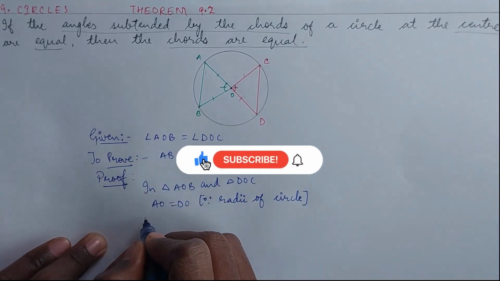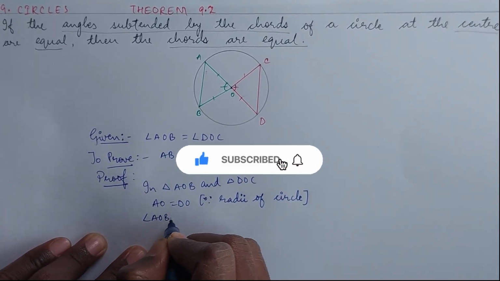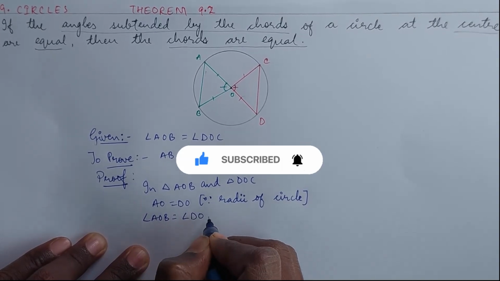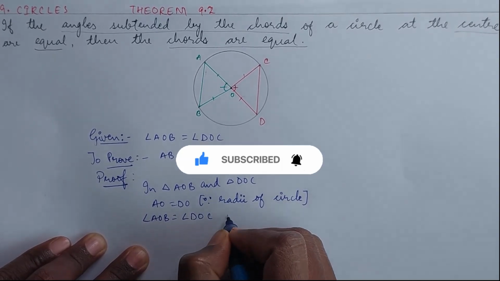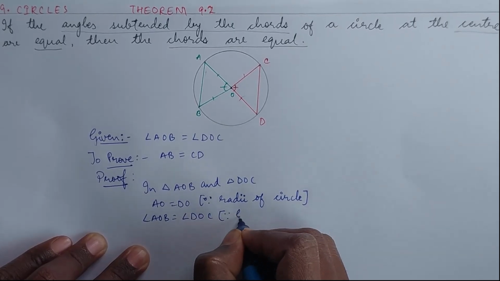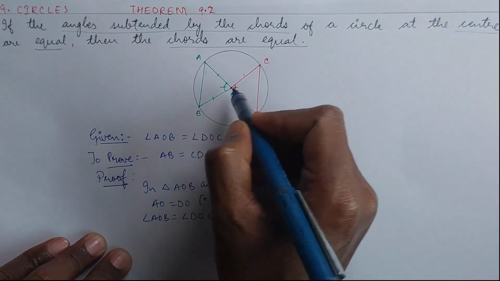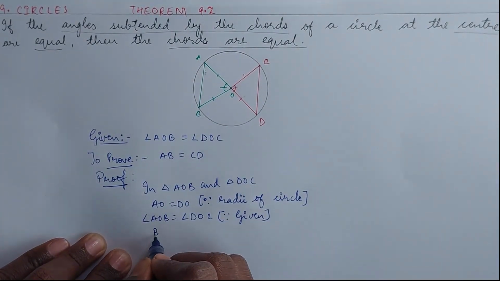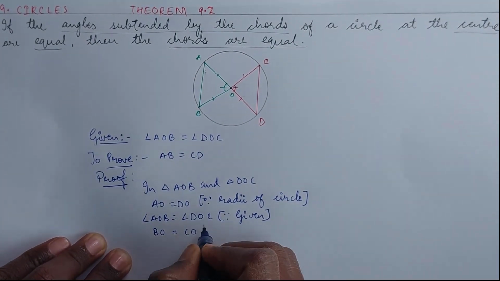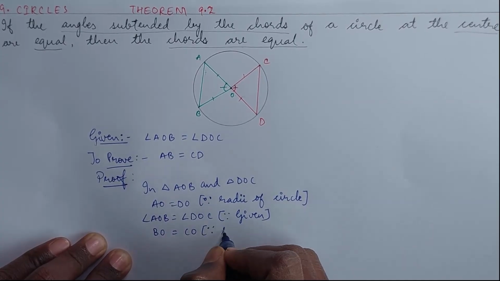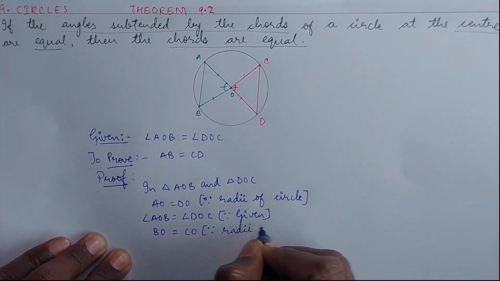Then we know angle AOB equals angle DOC because it is given. Then we know DO equals CO because they are also radii of circle.